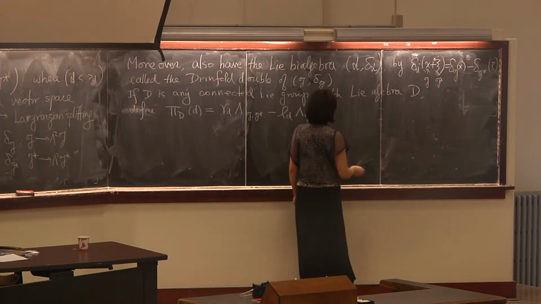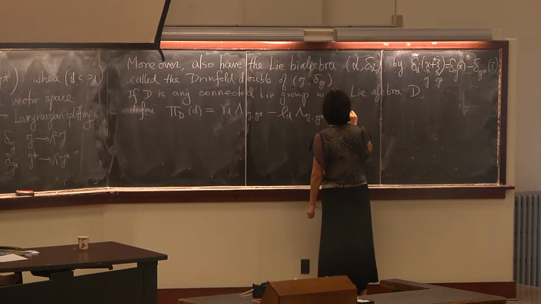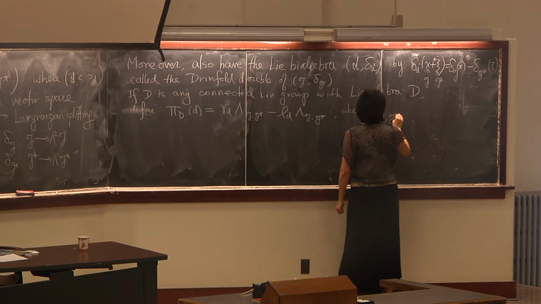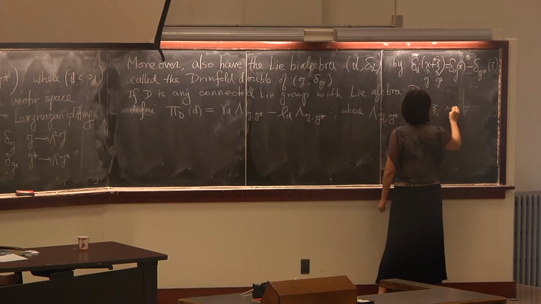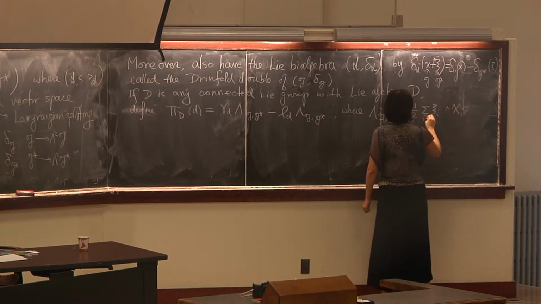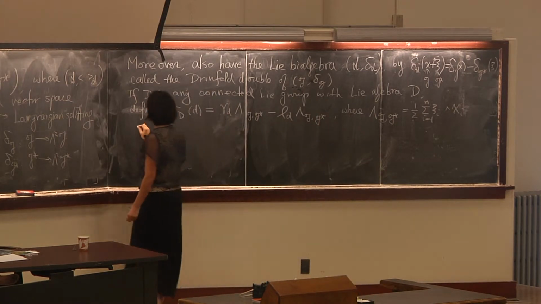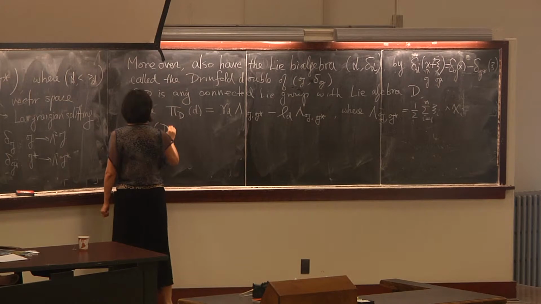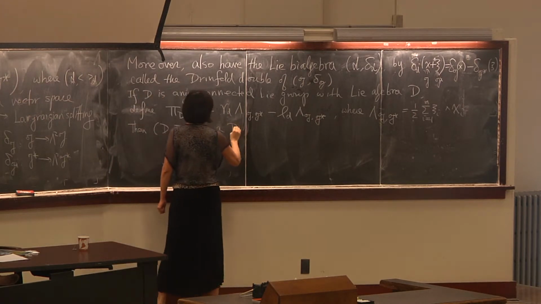So this is a bivector field on D, where lambda GG star is one half the summation of xi_i wedge x_i, where i goes from 1 to m. Then (D, pi D) is a Poisson Lie group.